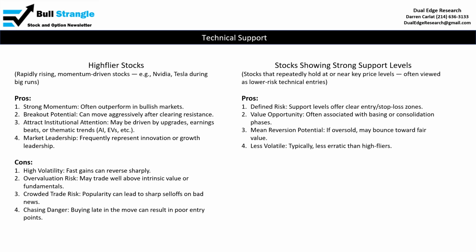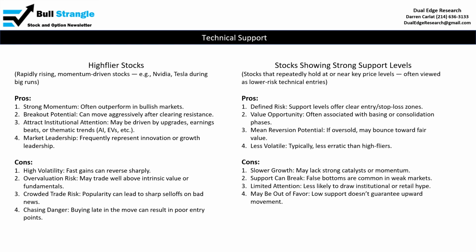Now, we're not really concerned about stop loss levels because we're going to hold trades through their expiration date, but we do get very clear entry points for sure. There is a value opportunity often associated with basing or consolidation phases. There is mean reversion potential. If it is a bit oversold, it may bounce towards its fair value. And typically these are less volatile, meaning less erratic than the high flyers.